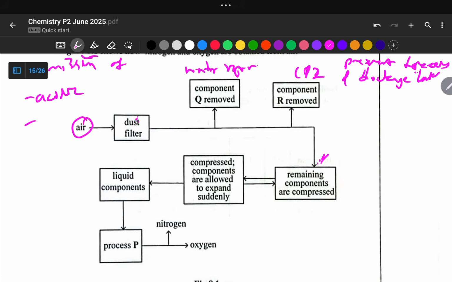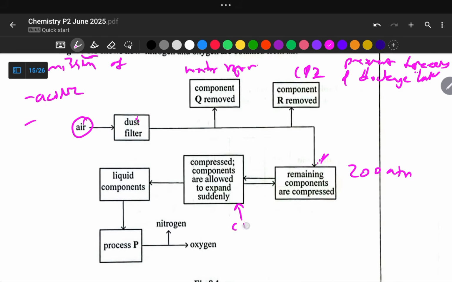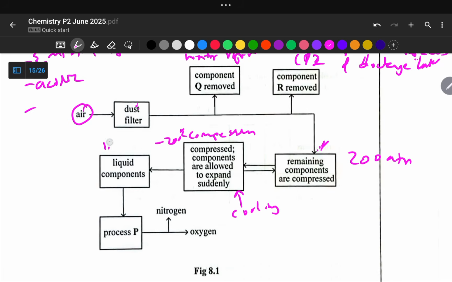The clean and dry air is compressed to high pressures of about 200 atmospheres, right? So here we are going to have the cooling and the expansion, right? The process of compressing, cooling and expansion is repeated. So here air becomes liquid, and then we are having the fractional distillation of this liquid air.